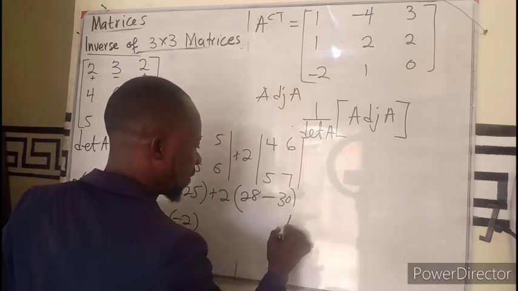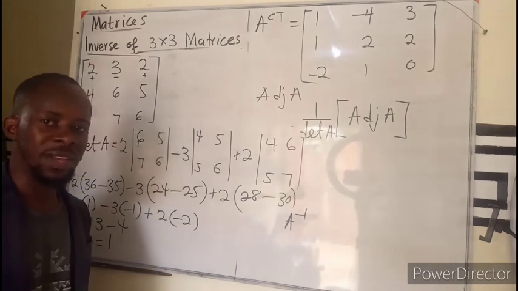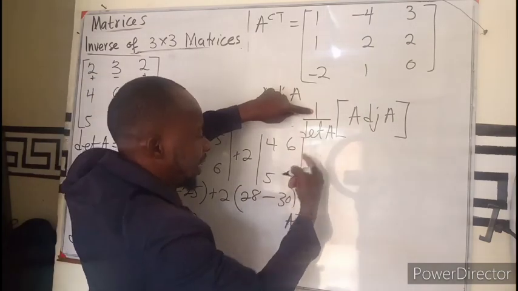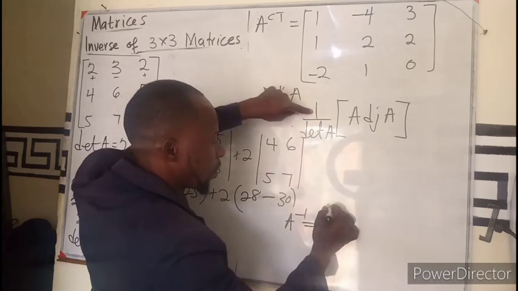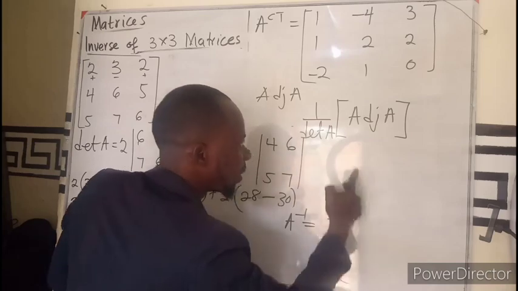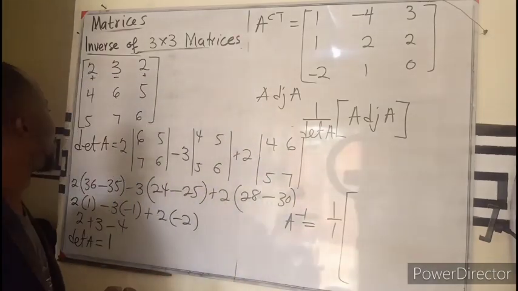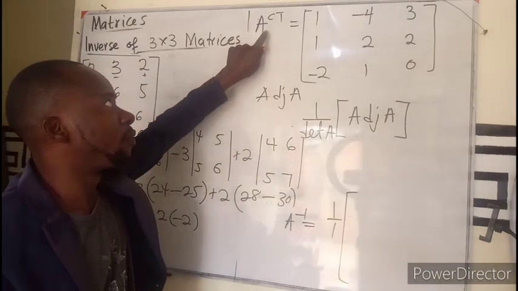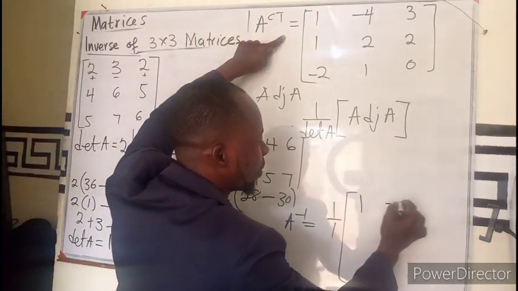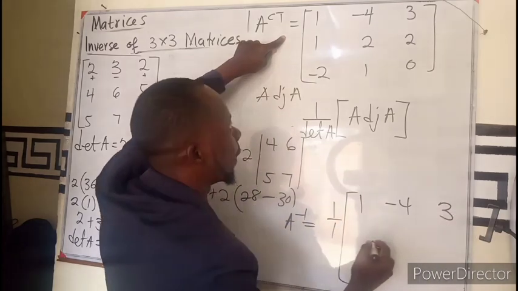So if that is out of the way, our inverse, the inverse that we are looking for, we know it is 1 over determinant. So that's going to be 1 over 1, the determinant. Then the adjoint that we have, which is the transpose of cofactor. So that is going to be 1 minus 4, 3.